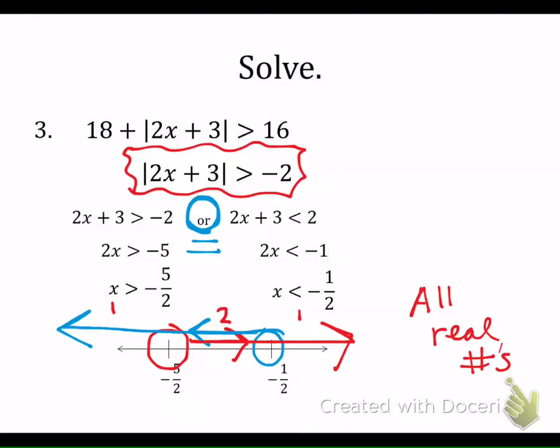Okay, remember. Think about it. I knew it was all real numbers all the way back there, where I just put the squiggly box around it. How did I know?